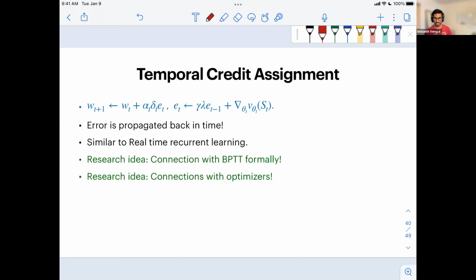So basically, what Gandharv is saying is, if you consider a feed-forward neural network, there is no backprop through time that people do in supervised learning. But if we consider a feed-forward neural network to get our features and our value estimates, we can still do backprop through time, is my claim, in the sense that we have this gradient quantity that we are accumulating even in a feed-forward network.